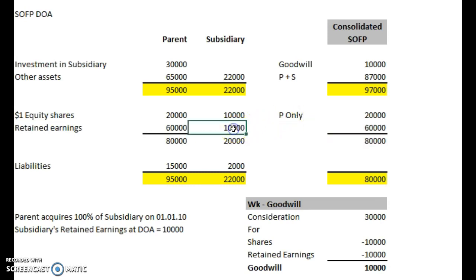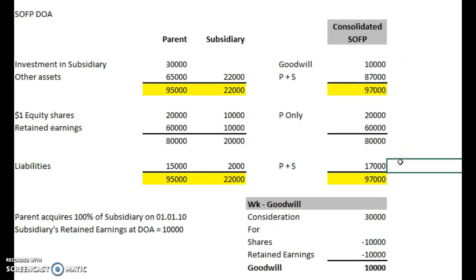We ignore the subsidiary's retained earnings at that point. That's all contained within the goodwill calculation. And the liabilities, just add those two together. And always nice to see that the total assets equals the total equity plus liabilities of 97,000.